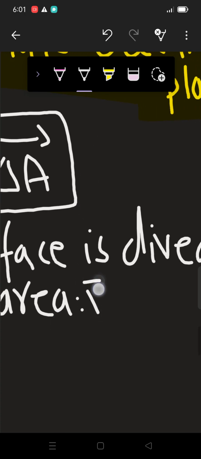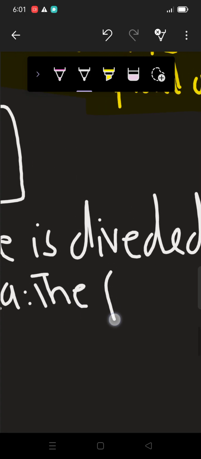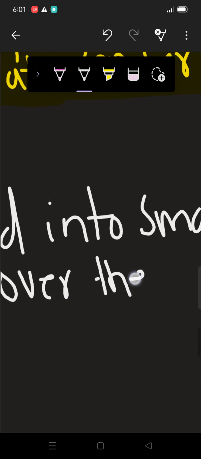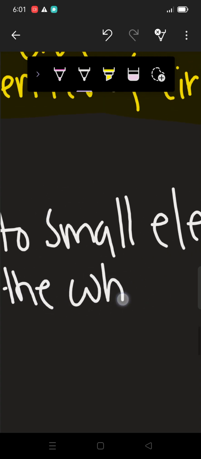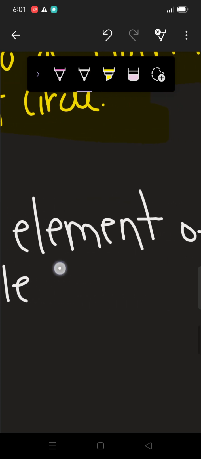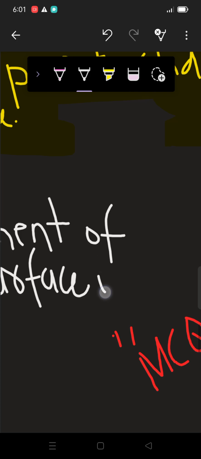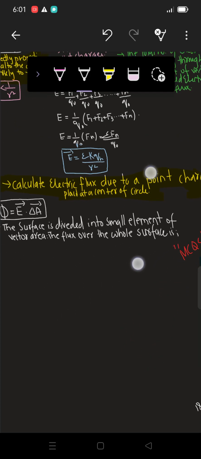Then what will be the effect on the flux? The flux over the whole surface is given by what?